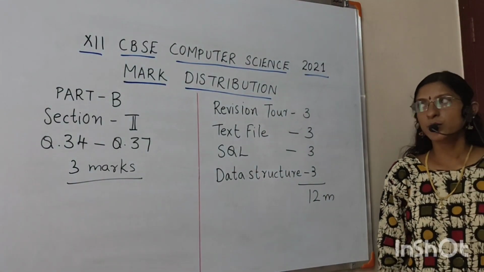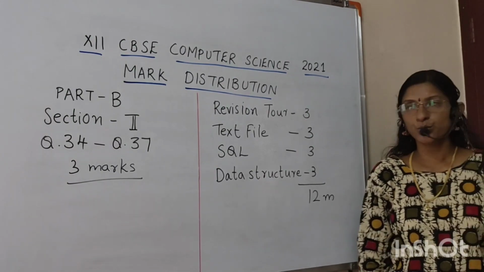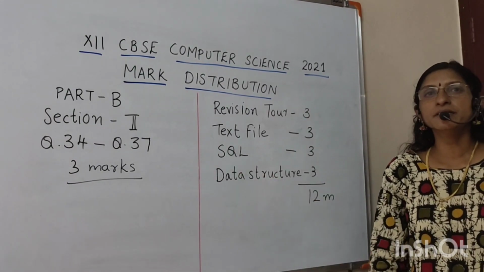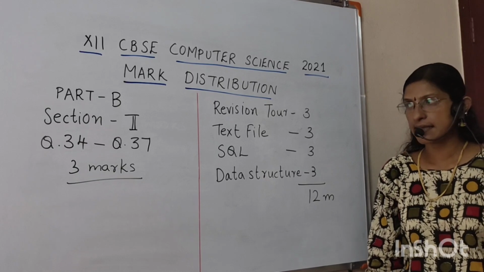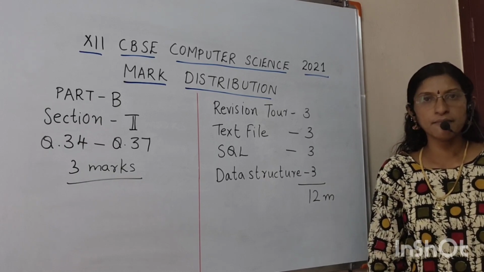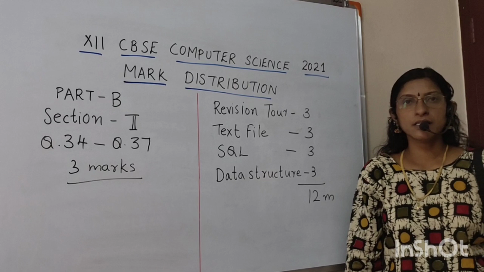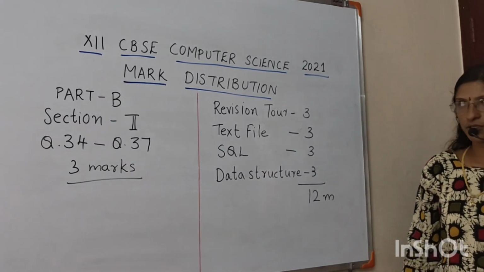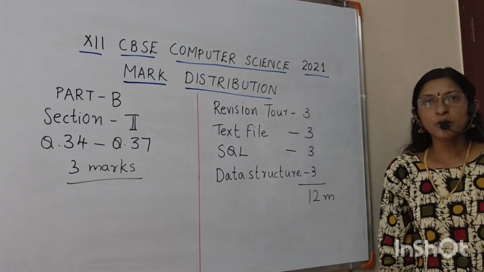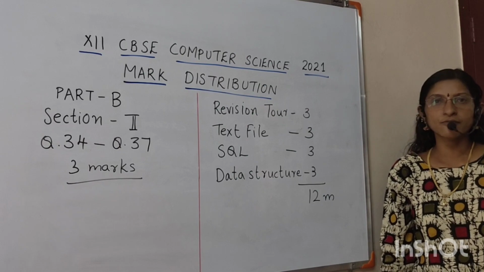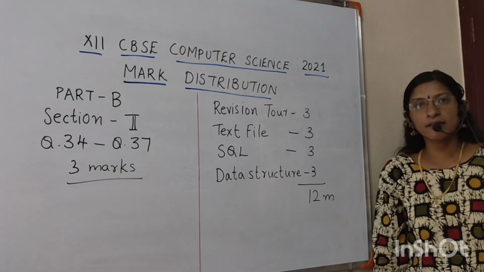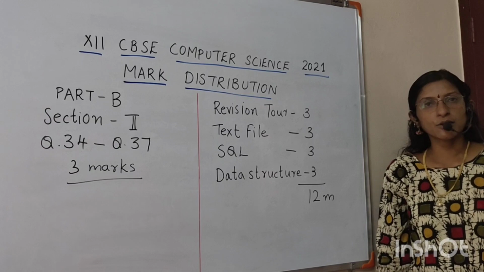Now let us have a look into Part B, Section 2. In that we have question number 34 till question 37, which carry 3 marks each. So we have to answer 4 questions in this section. Talking about the topics from which questions will be asked: from revision tour, a list-based question will come.